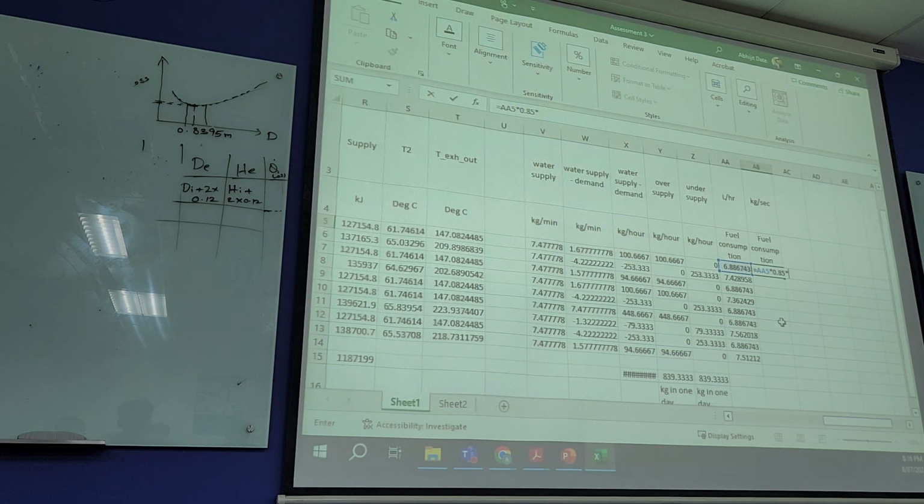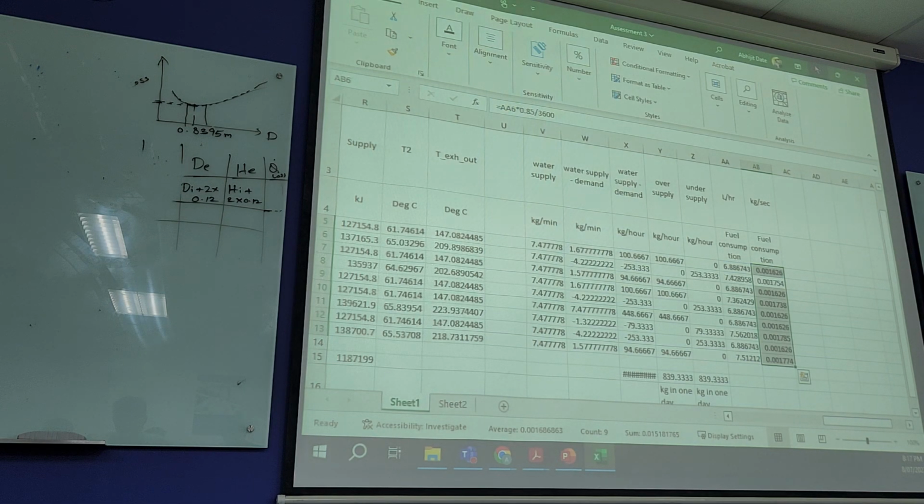Then divided by 3600. That becomes your mass flow rate of diesel. Clear? Good. So, going back: liters per hour to kilograms per second. First we convert liters to kilograms by multiplying with specific gravity, and dividing by 3600 gives us per second. Okay?